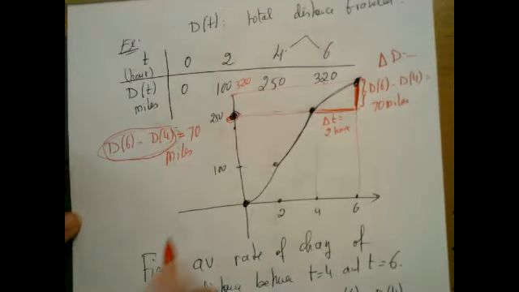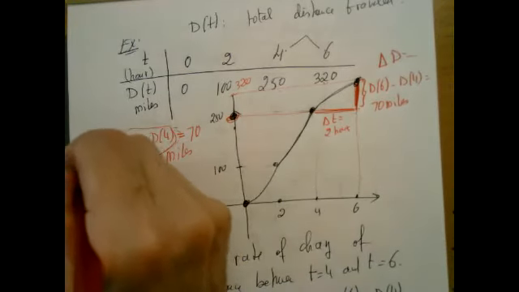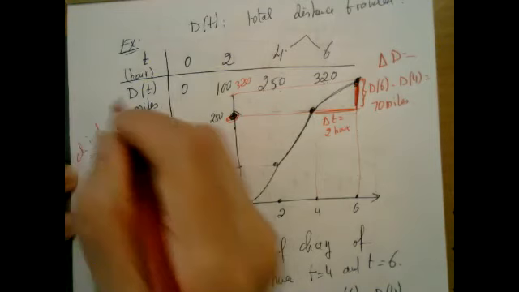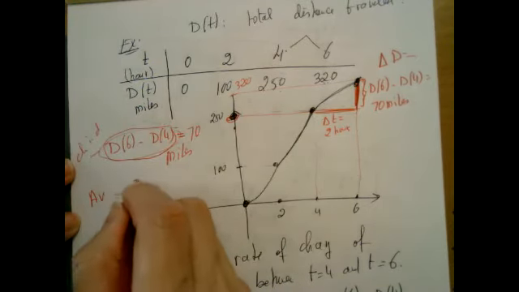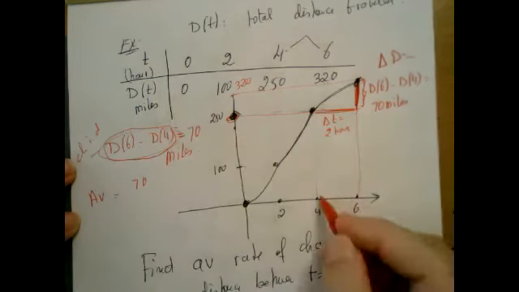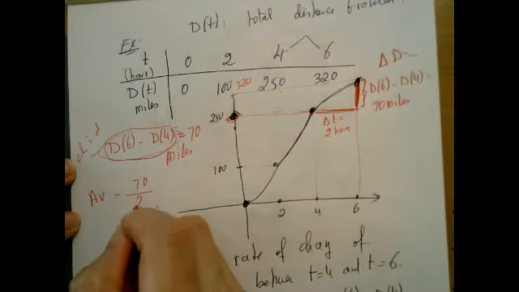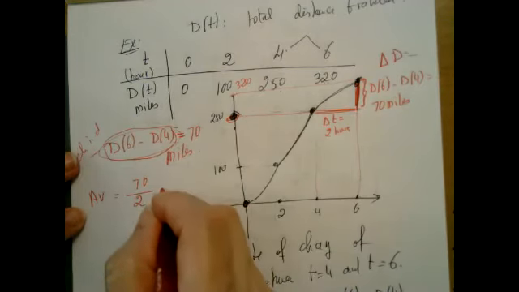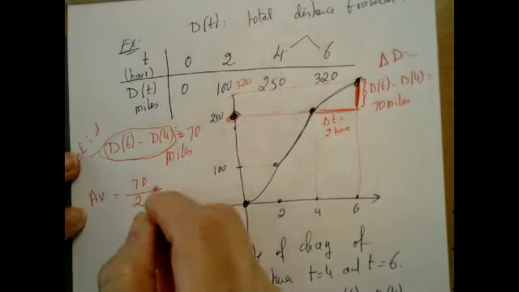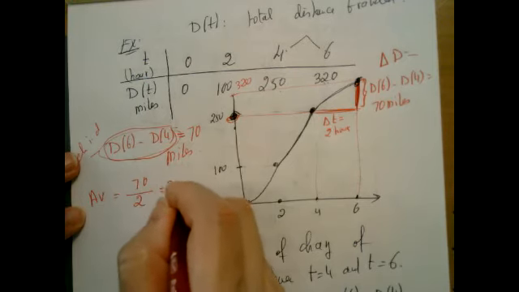Now the average rate is how much distance was traveled between 4 and 6 divided by the time it took. So that's 35, of course.